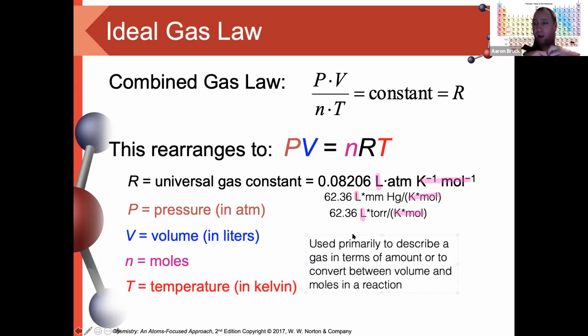So I want to know how much of the gas I have, or I want to know, okay, how much volume does half a mole take up at 30 degrees Kelvin and 400 atmospheres of pressure, or whatever the case may be. This helps me to describe a gas as it is at this particular moment. And that's different from the combined gas law. The combined gas law tells us, okay, how does this gas change as we go from one zone to another?